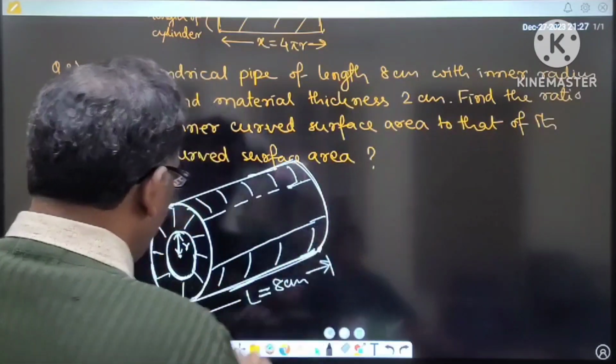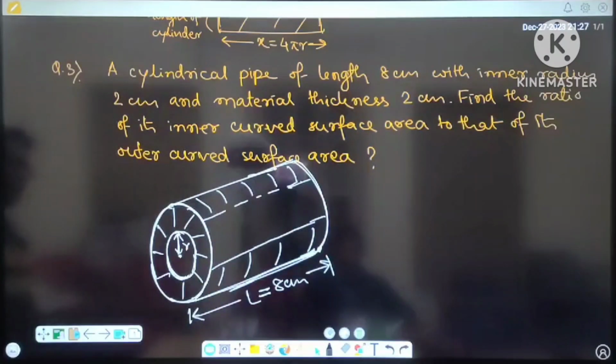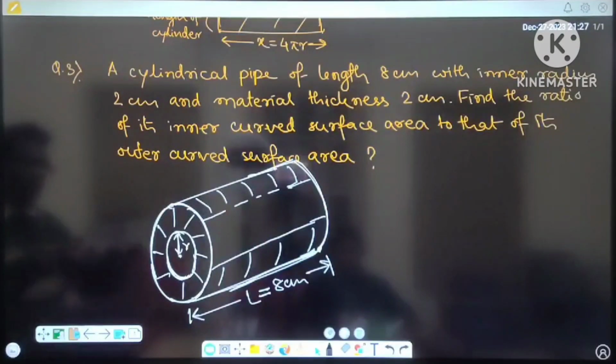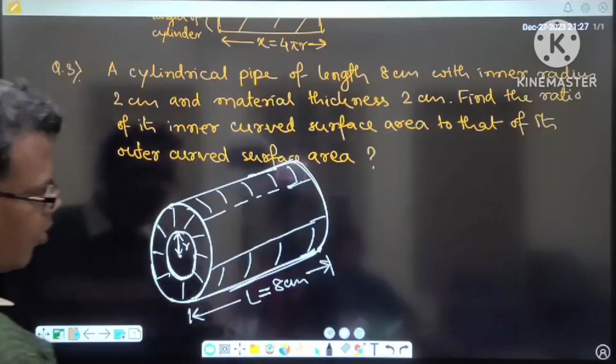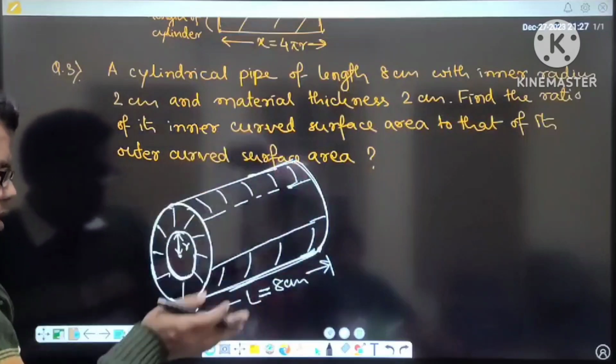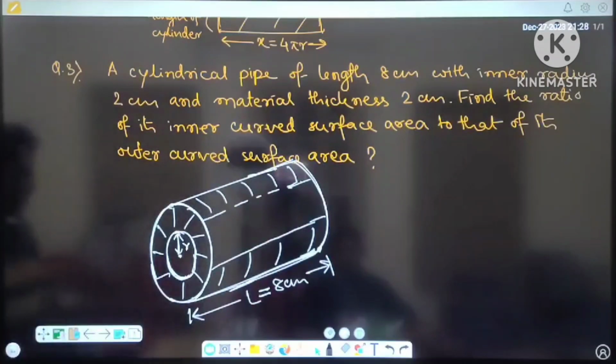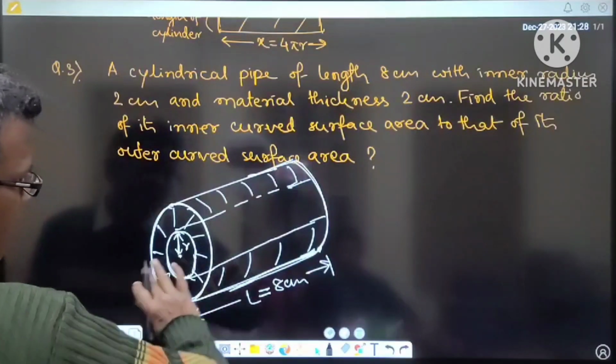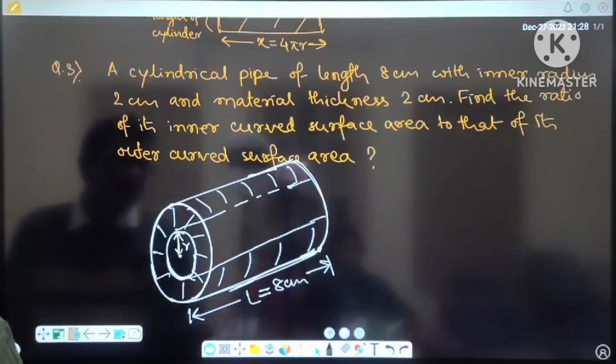Inside is definitely empty space. So a cylinder, if it can be visualized, it is something like this, right? So its material is having all in its cross section. Everywhere the material is having its thickness. So inside is this much line. This is the empty space, right?